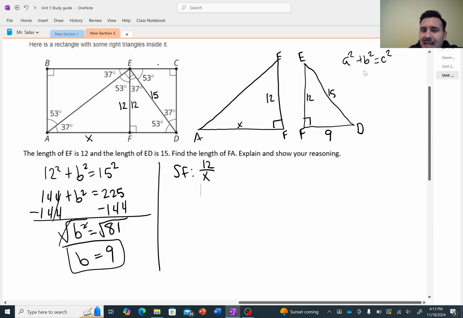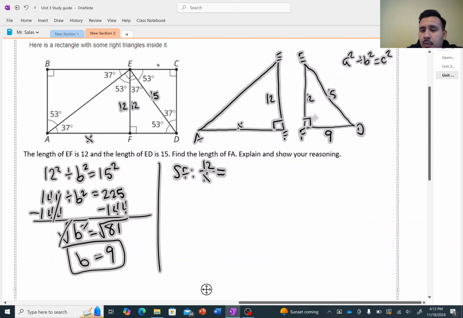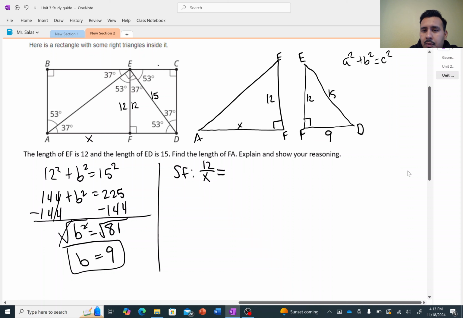Let's do the exact same thing with this triangle. So we're going to say equals. Well, what's the large side? The large side is 12 on the smaller triangle. The small side is 12 on the larger triangle.